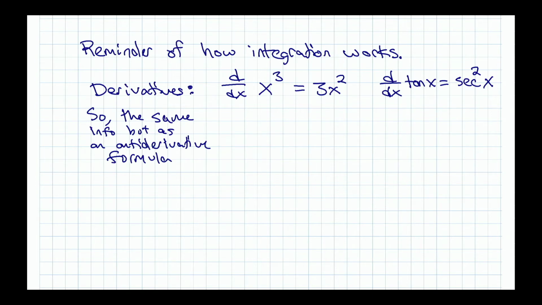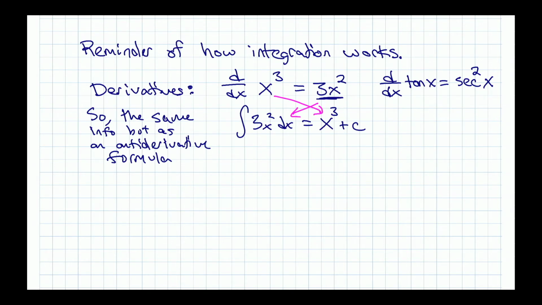So an antiderivative, another way to say antiderivative is to say an indefinite integral. So the indefinite integral of this side with a dx thrown on the end is equal to the other side, x cubed, and we need a plus c. So that goes there, that goes there. Okay?